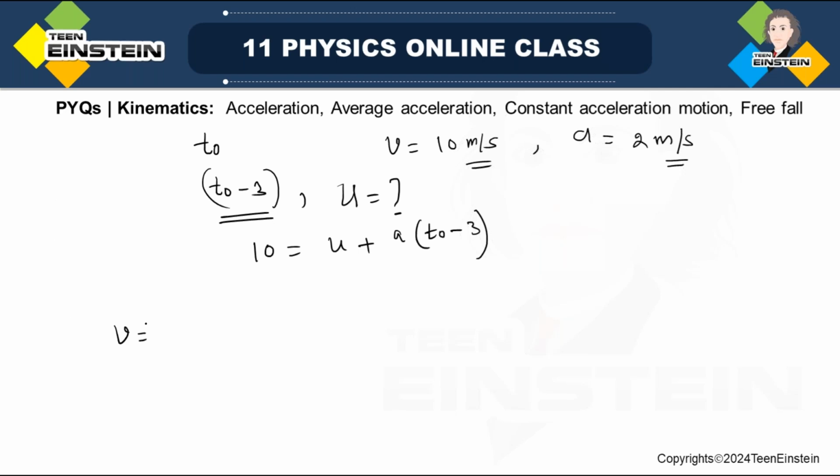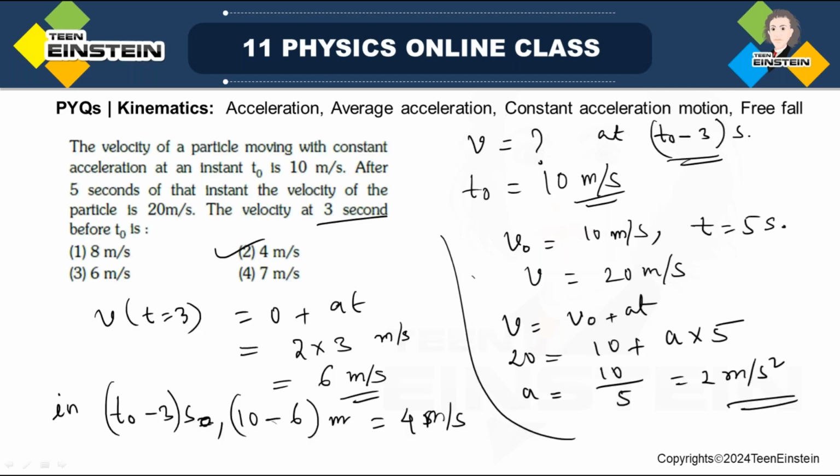Velocity at t0: if I take this initial state, the particle is moving with constant acceleration and at an instant t equal to 0 it is 10 meter per second after 5 seconds.